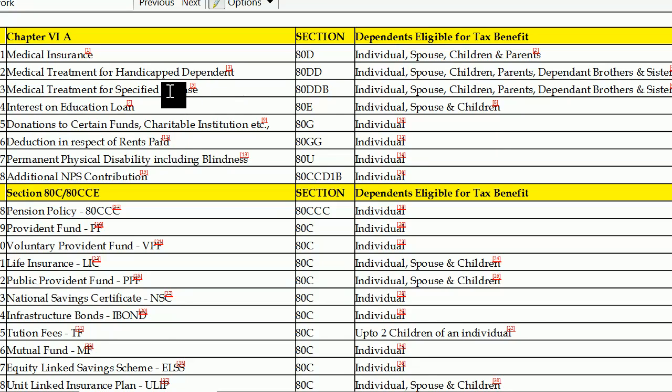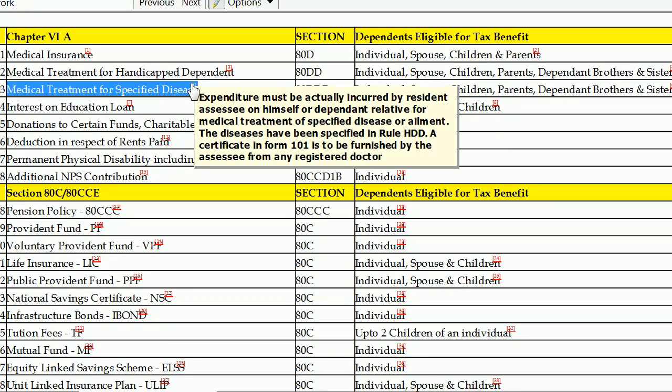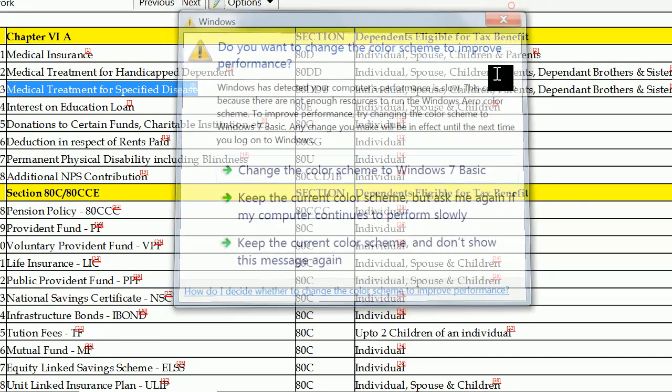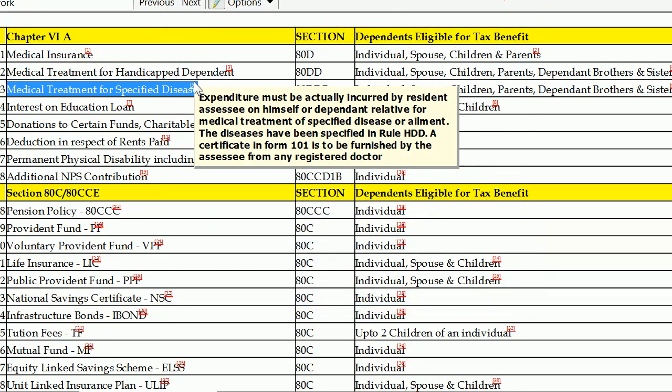And medical treatment for specified disease. The expenditure must actually be incurred by a resident assessee on himself or a dependent relative for medical treatment of a specified disease or ailment. These diseases have been specified in Rule 11DD.